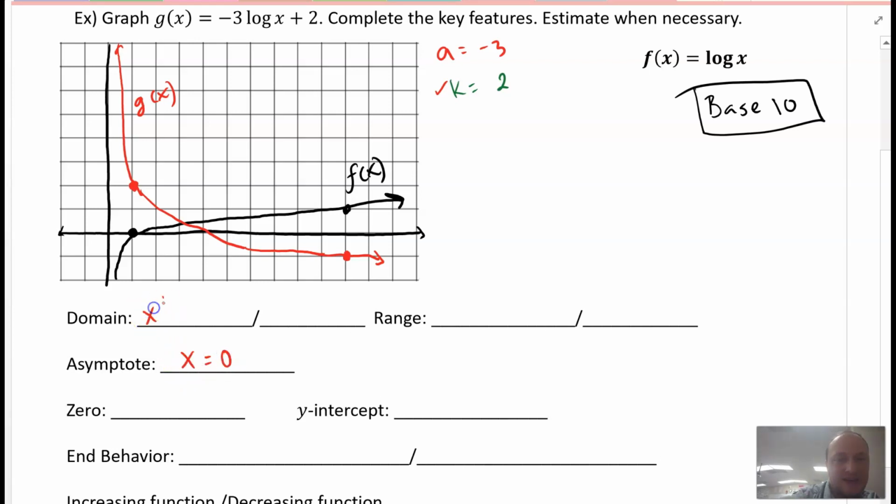Our domain is x such that x is greater than 0, which would be 0 to infinity. Our range, again, is always going to be all real numbers. So the y values such that -infinity is less than y, which is less than infinity. So we go from -infinity to positive infinity.